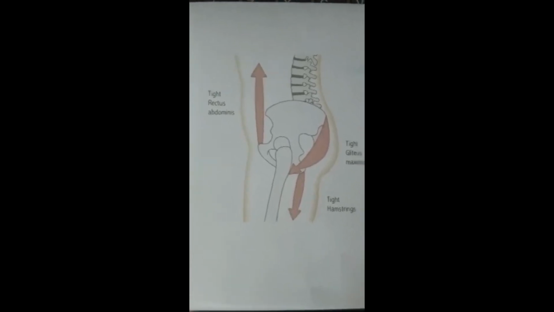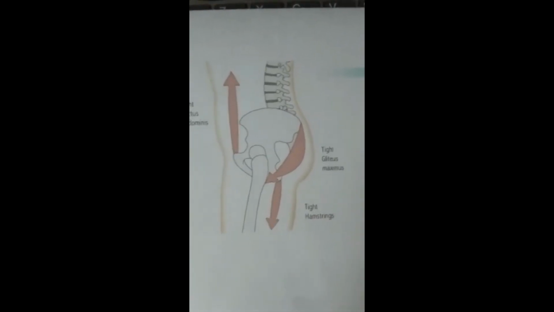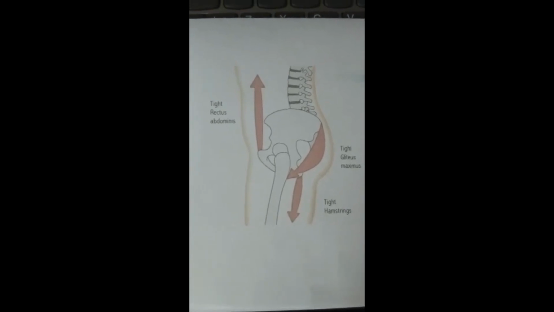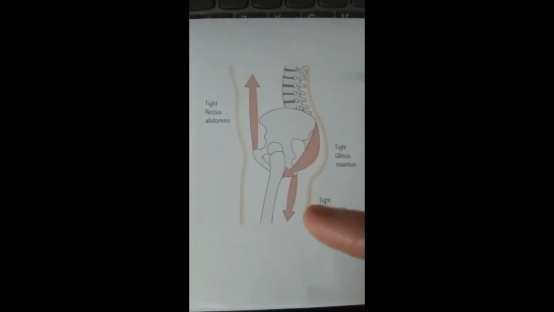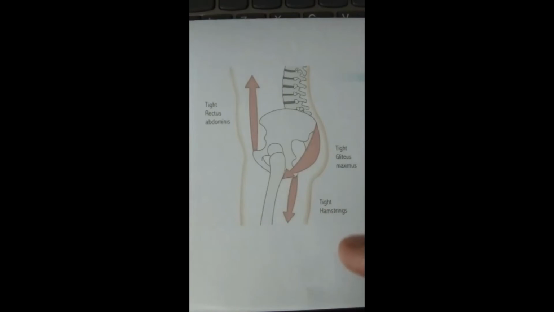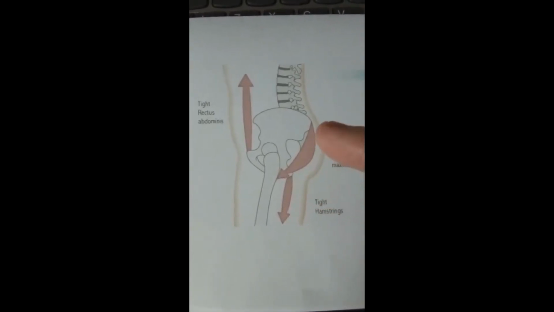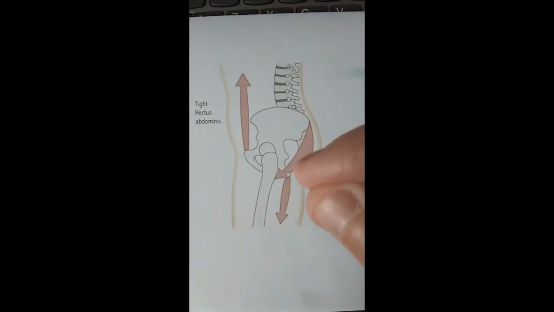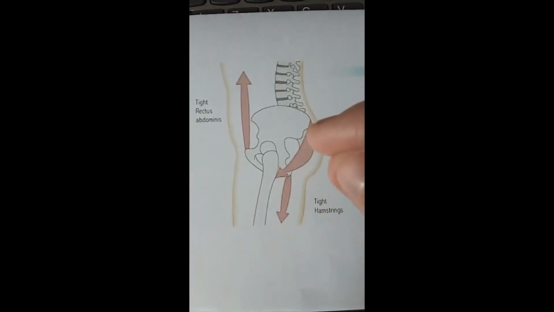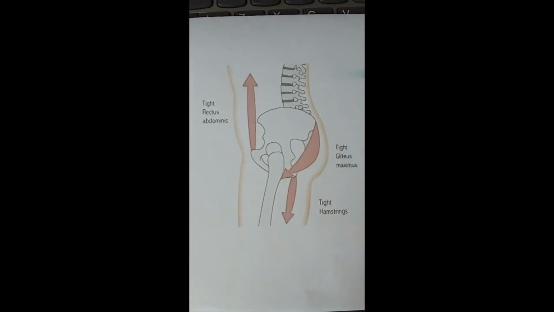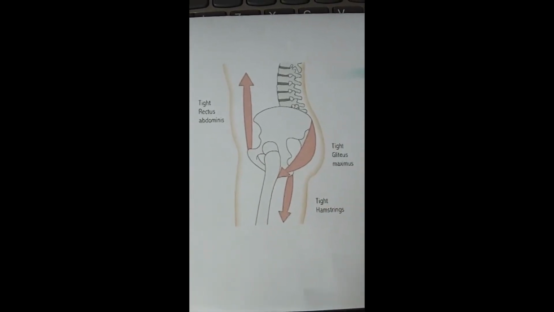Yeah, we end up here, as we've said, with shortening of those extensors, and that includes the gluteus maximus, which becomes tight as well, which also helps in pulling the pelvis down at the back.